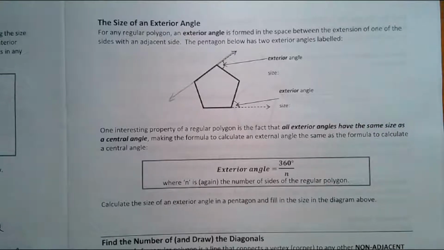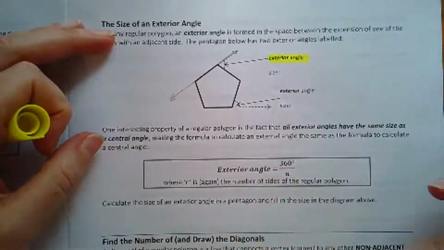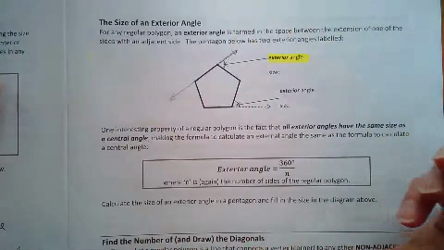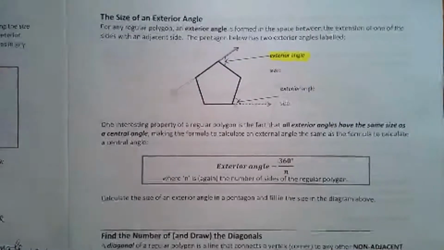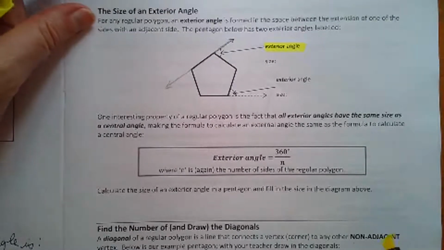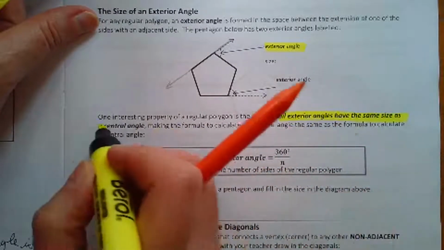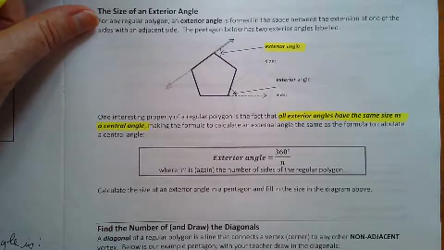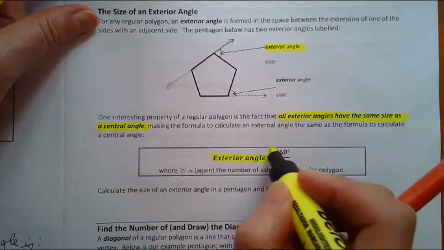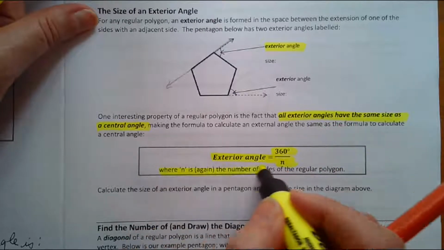So the word exterior angle is important to know, but the formula is really easy because you don't have to learn a new formula. For exterior angles, it's the same size as a central angle. So the exterior angle is just 360 divided by n, where n is the number of sides of the polygon.